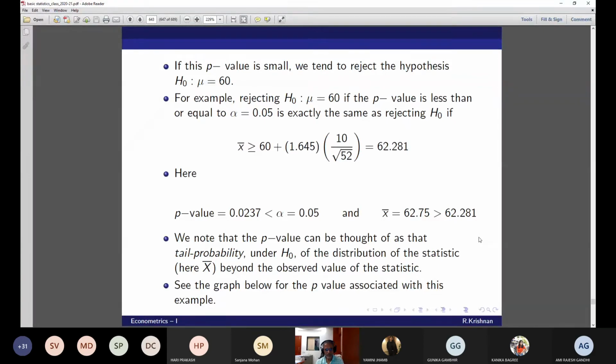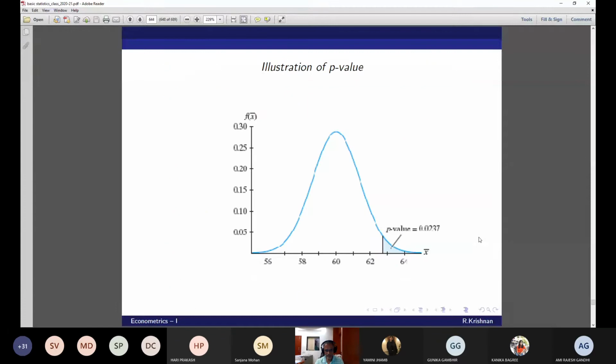We know that the p-value can be thought of as the tail probability under H0 of the distribution of the statistic, here x bar, beyond the observed value of the statistic. See the graph below for the p-value associated with this example. The p-value is 0.0237. That is the tail probability.